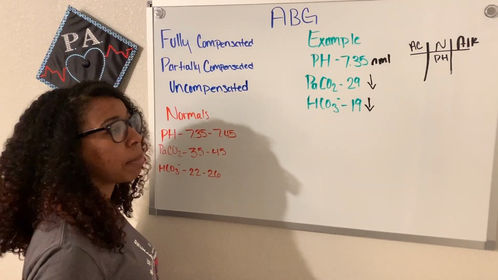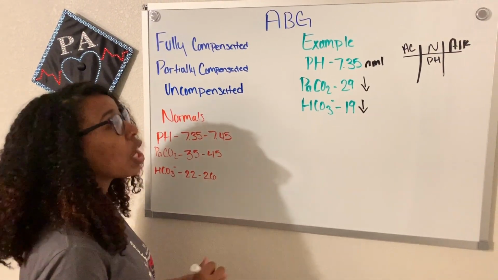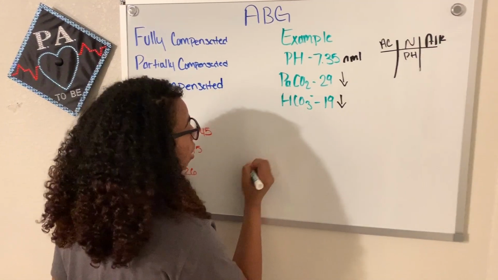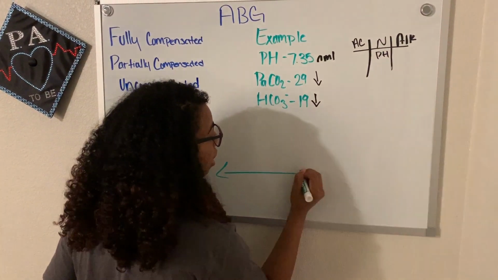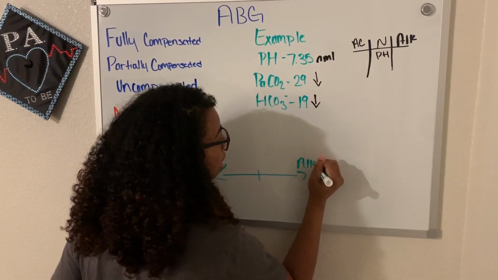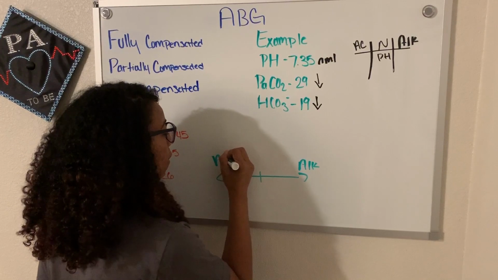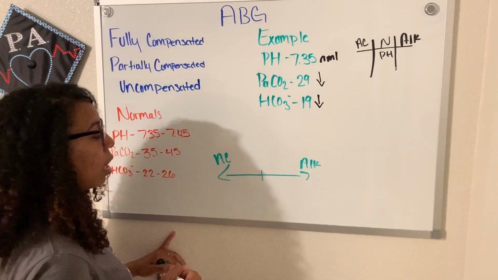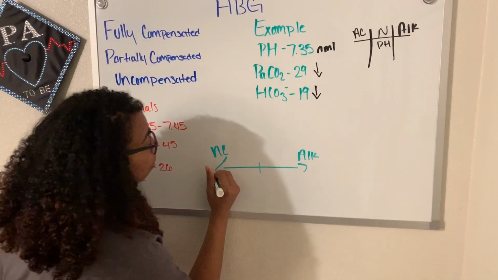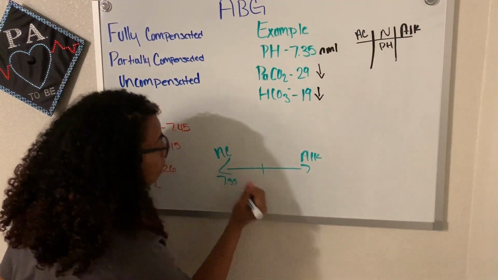This is what I was talking about. That's going to be very important to help you understand this. So let me draw my number line. It's like a pH line. You have your normal. You have alkalosis on this side, and then you have acidosis on this side. Now, we're going to do it for the normal ranges. pH would be 7.35.